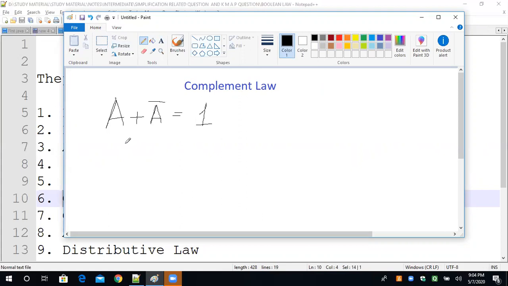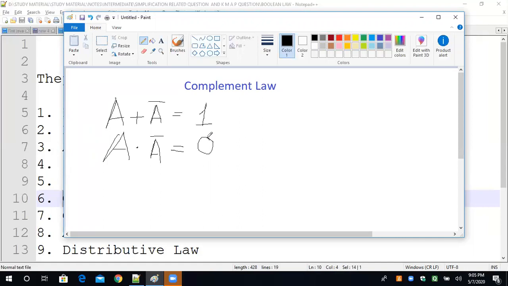I will prove it. A dot A bar, if with A in multiplication its own complement comes, so it will be equal to 0. Understand? So one by one we can prove by the truth table.